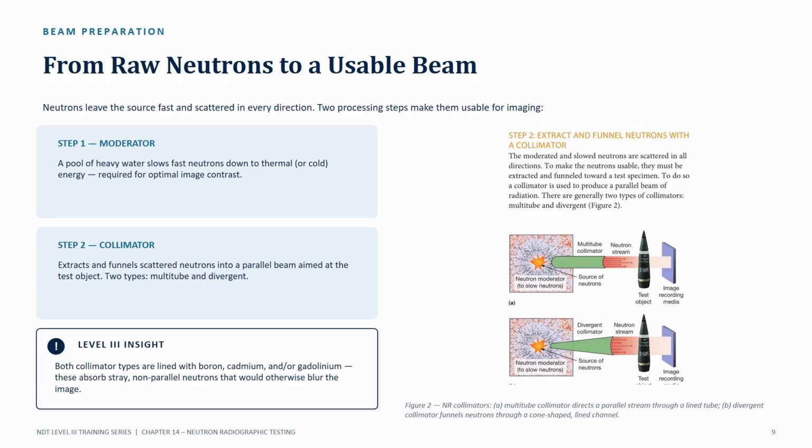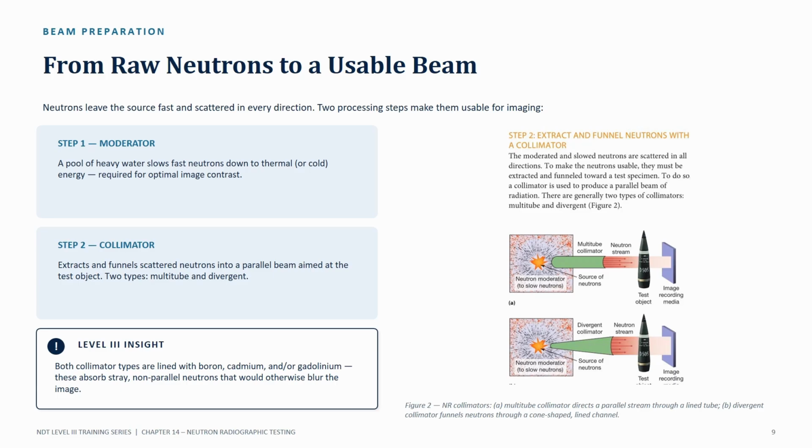To improve image quality, we must slow these neutrons down. This is the job of the moderator. A moderator is typically a material rich in light nuclei, such as heavy water, which causes repeated collisions with the neutrons. With each collision, the neutron loses a small amount of kinetic energy until it eventually becomes a thermal neutron.